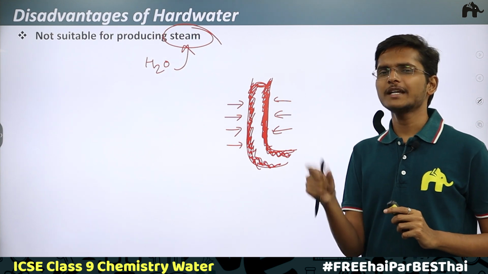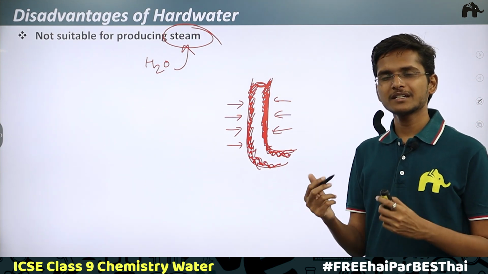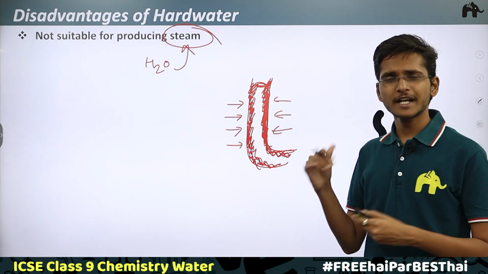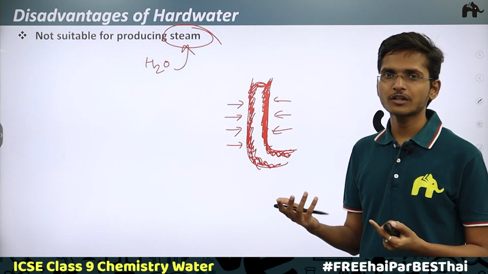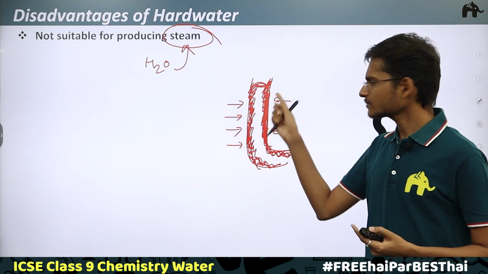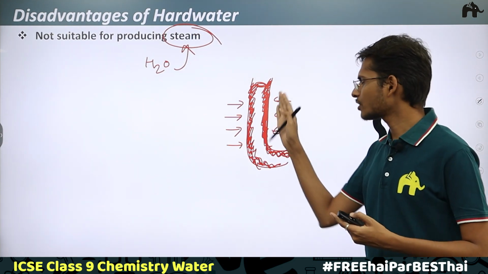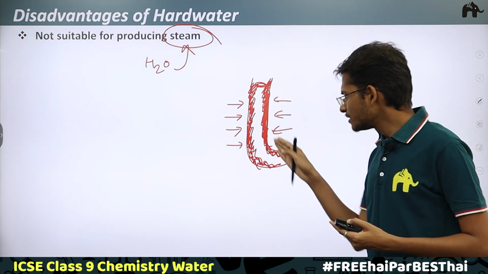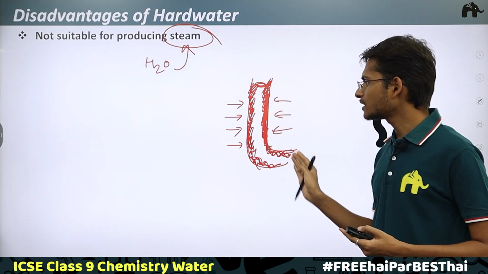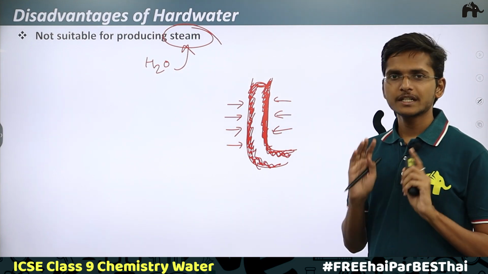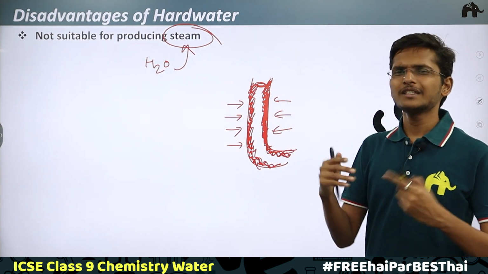Soft water may have some other salts, but we may take care that instead of using hard water, at least soft water doesn't have these salts. So it would be easier for us. Less and less would be the deposition of the salts on the inner surface or the inner lining of the pipes, for making the steam. So we can use soft water.